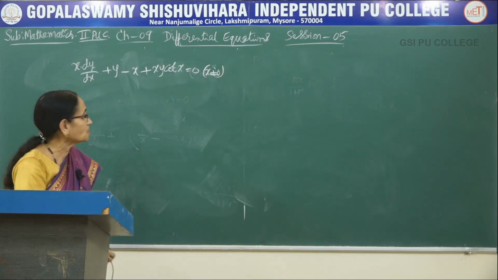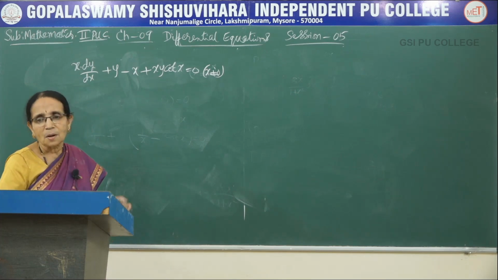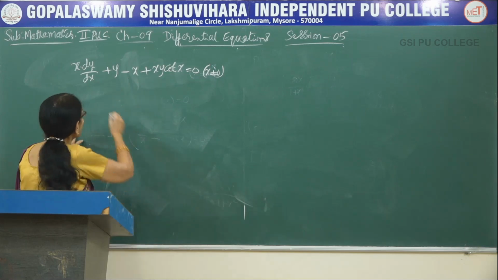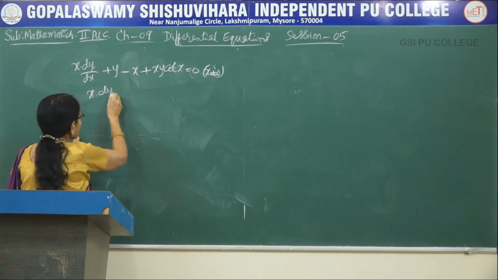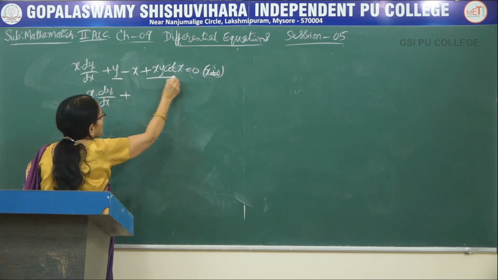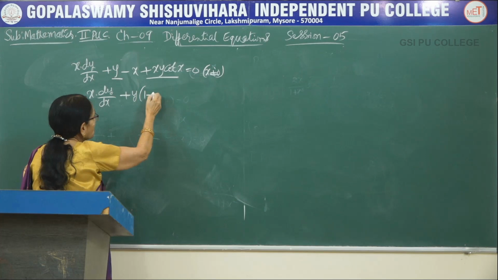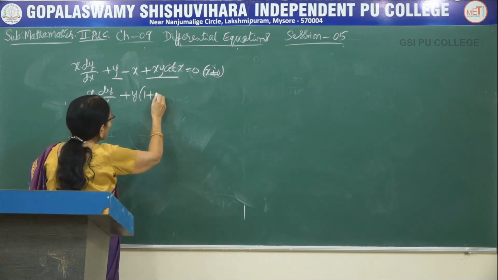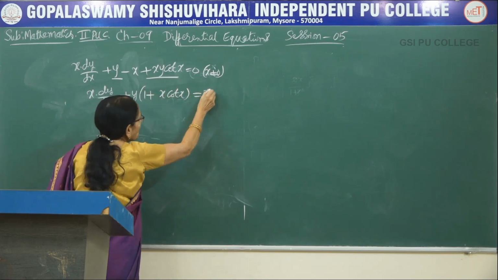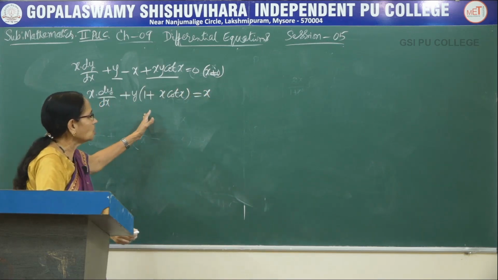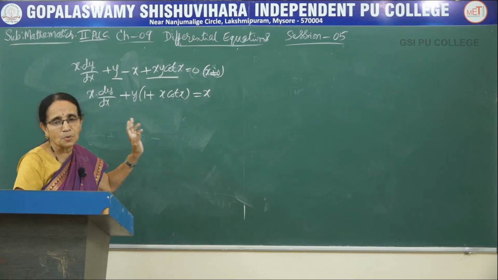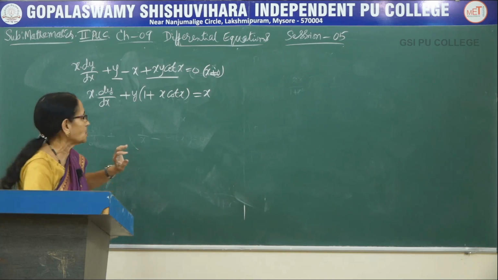x into dy by dx plus y minus x plus xy into cot x here. So this minus x, first I have to shift it to the right hand side. Otherwise you cannot separate the terms and take these two out. Out of these two, we are having a common factor 1 plus x cot x. And this minus x I am shifting, so that it has almost come to the standard form, but for one thing, that x is the coefficient of dy by dx, which should not be present there.